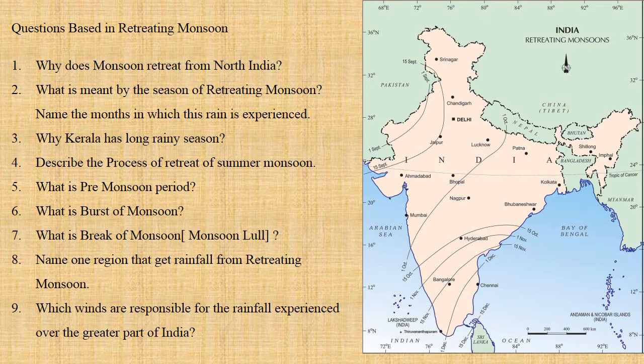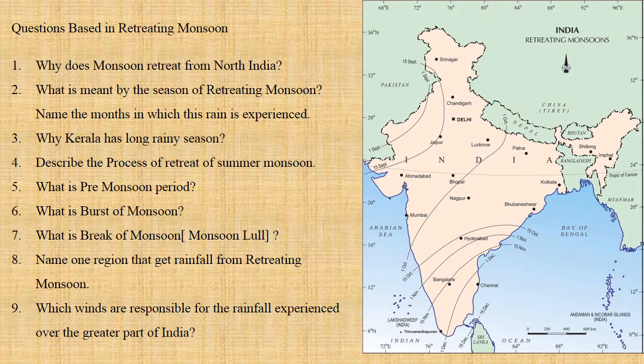What is pre-monsoon period? The meaning of pre-monsoon period is the period from March to May. The period before the arrival of the monsoon is called the pre-monsoon period, which is the summer season from March to May. This season develops low pressure on the landmass and high pressure on the water body, and after the pre-monsoon period we have the burst of monsoon. So what is burst of monsoon?